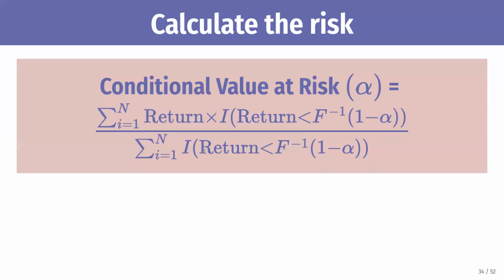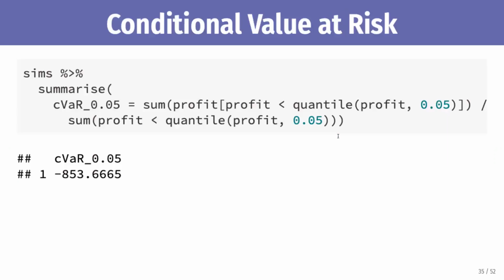Okay, so this is the last number that we're going to do. It's the conditional value at risk. This is similar to the expected loss that we did before, except now the indicator is that you're on the left side of whatever this percentile is. This basically tells you that assuming you're in that tail area, what's the average return that you would have?